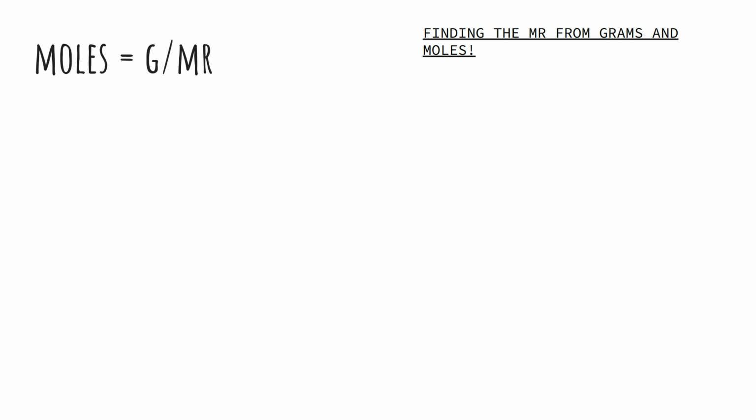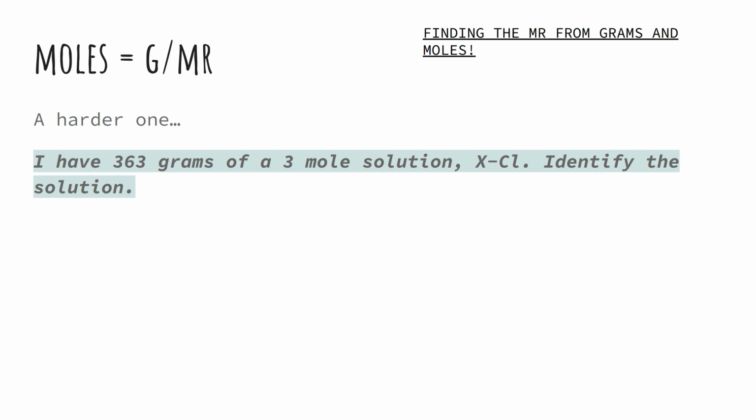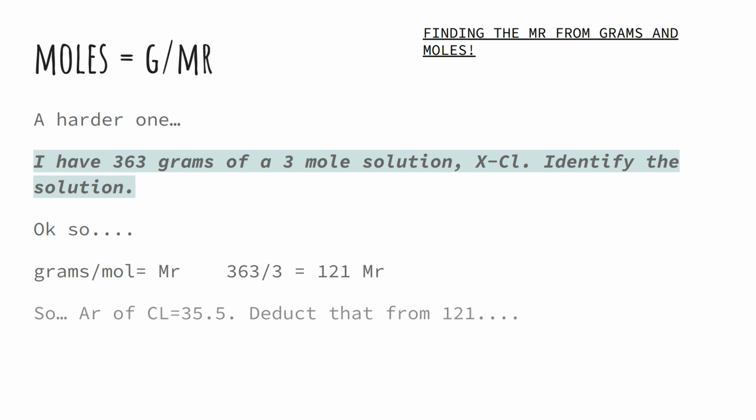Yay! Now here's a harder one. I have 363 grams of a 3 mole solution of XCl, X being the unknown. So what is it? So grams over moles equals the MR. So 363 divided by 3 equals 121 as the MR. So the AR of Cl, of chlorine, is 35.5.